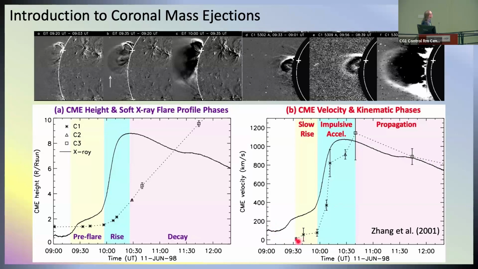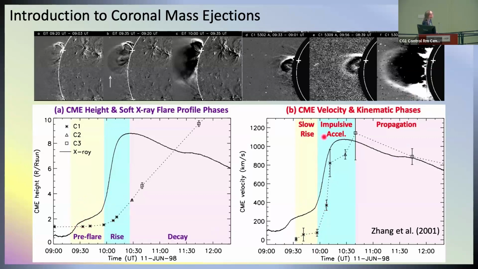If you look at the velocity, it's low in what you'd call the pre-flare phase in the soft X-ray emission. Describing this in velocity terms, you'd say this is the slow rise phase. Whatever this energized structure that erupts is, first, it rises very slowly, and that slow rise is associated with a little bit of enhanced X-ray emission.